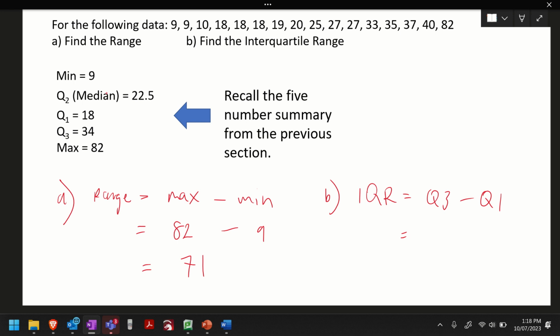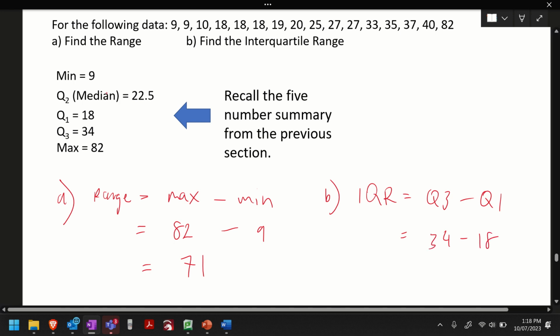Who haven't I asked here yet? Krish, what's Q3 minus Q1 here? Give me the numbers. Give me Q3. 34. And what's Q1? 18. So what would that be? Well, not quite.